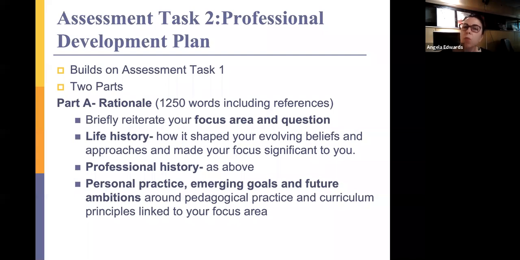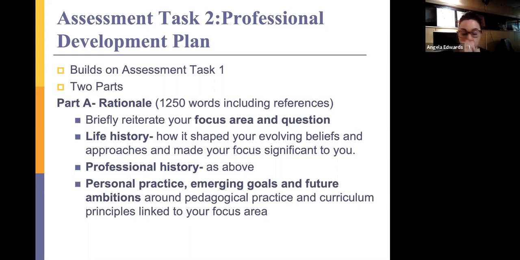So looking at what your findings were and what those implications were for practice. And this is where you would be really thinking about those personal implications that we asked you to talk about. All right, so that's basically part A, your rationale.